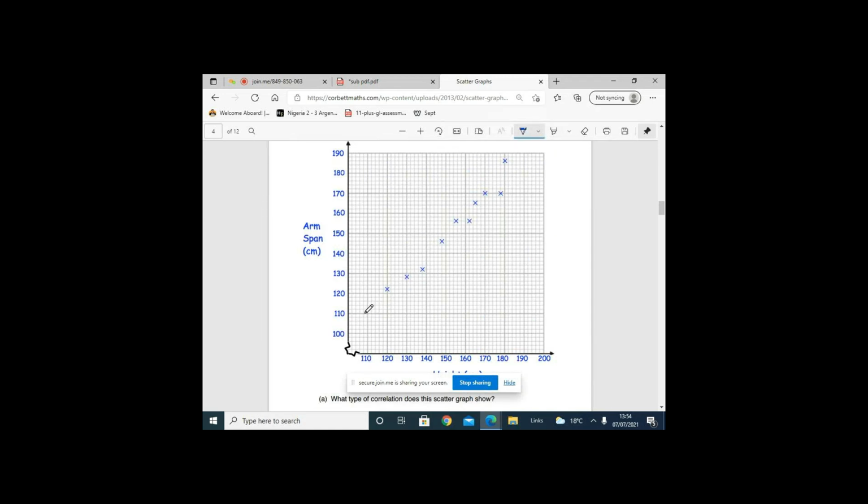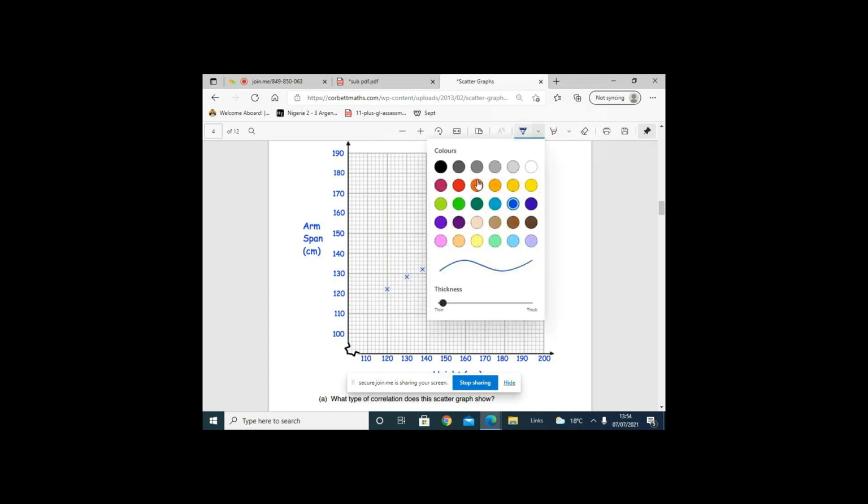So I'm going to draw the line of best fit now. So it's going to go through the center. Use a different color.